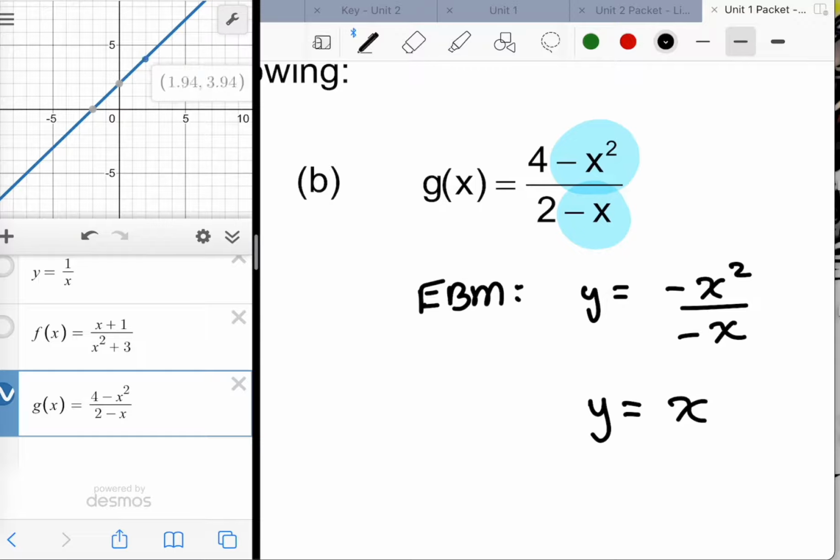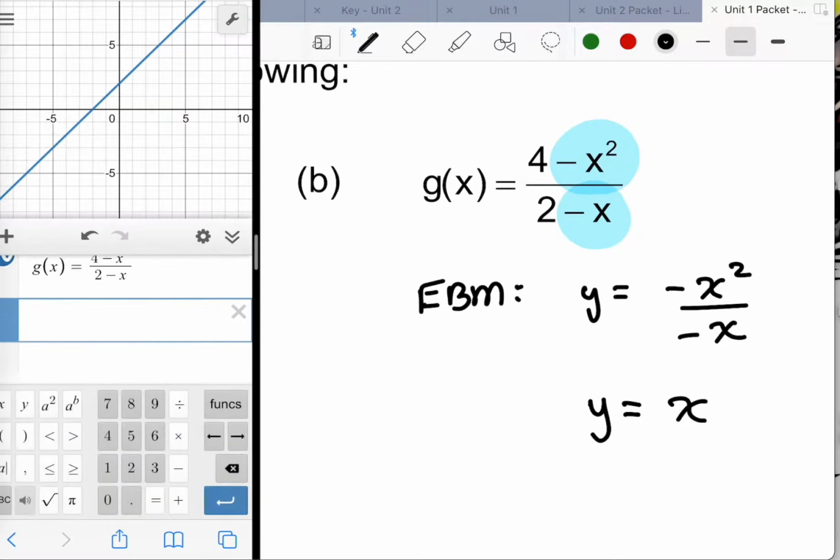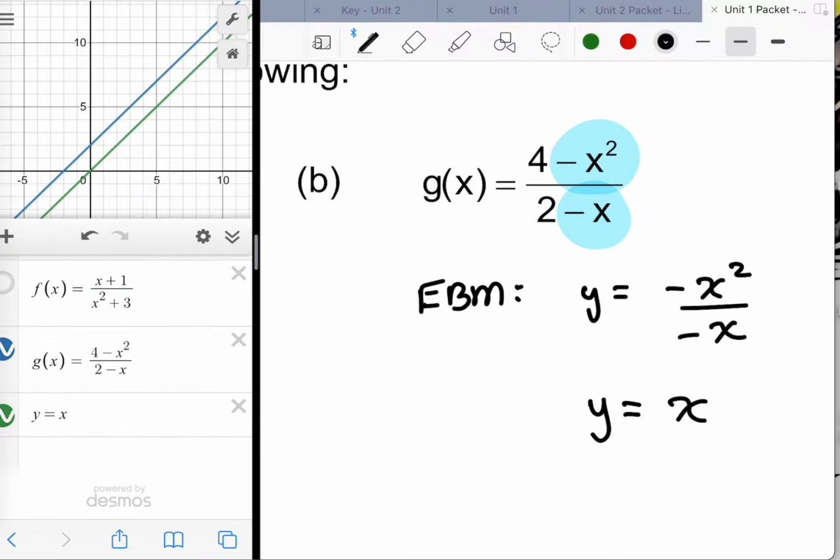And if you just scroll over that location, you'll see that there's a hole at x equals 2. But it will behave exactly the same way as the line y equals x. As you go out to infinity, they're both going the same place. As x goes to infinity, they're both going to a y value.